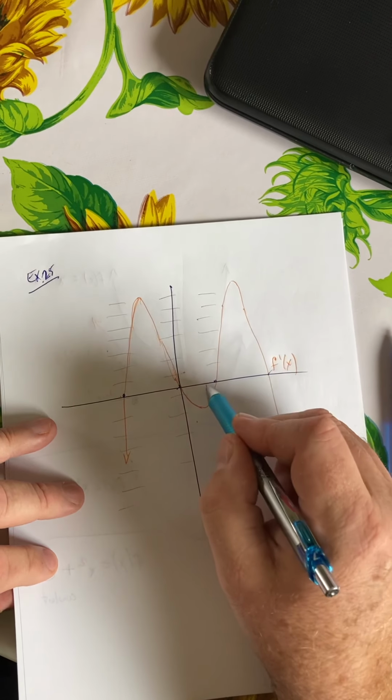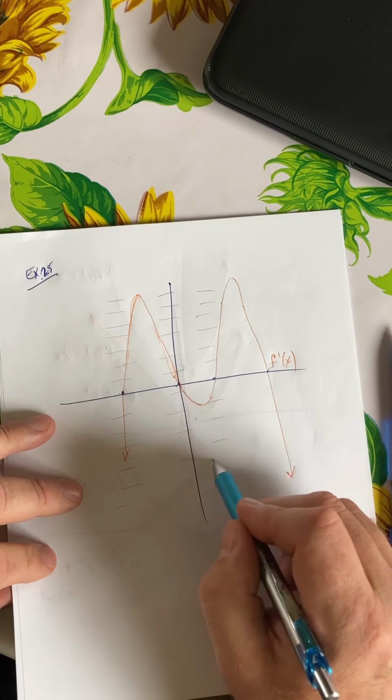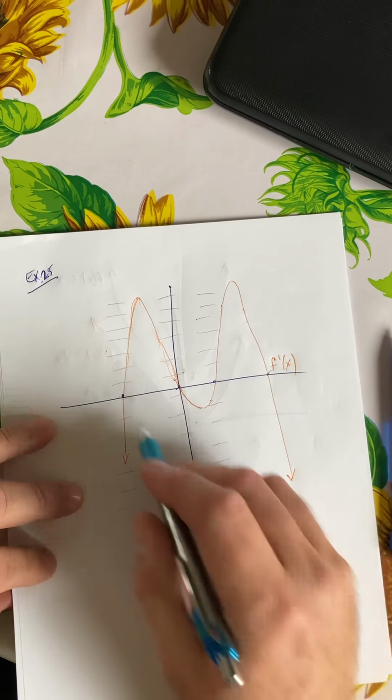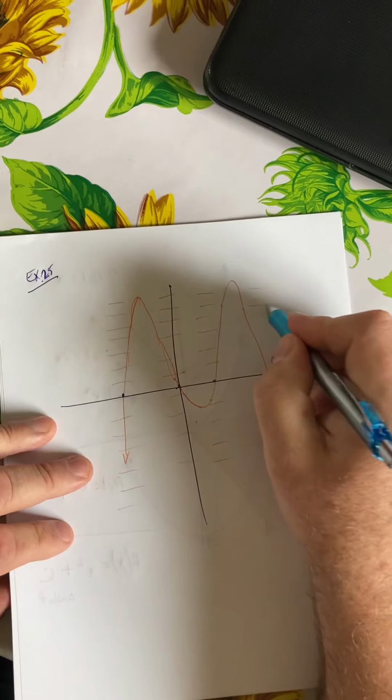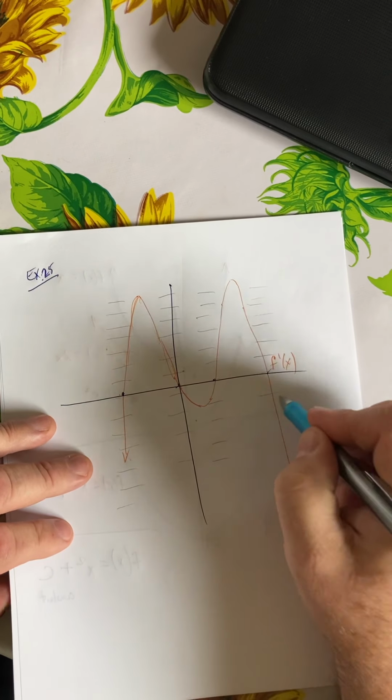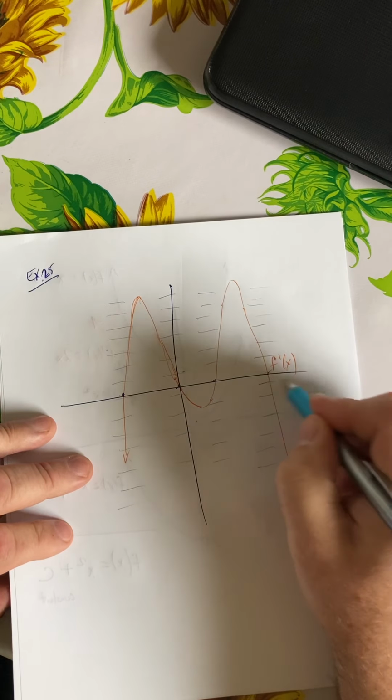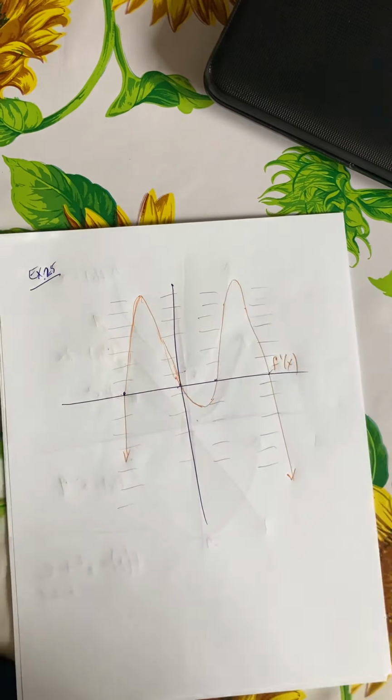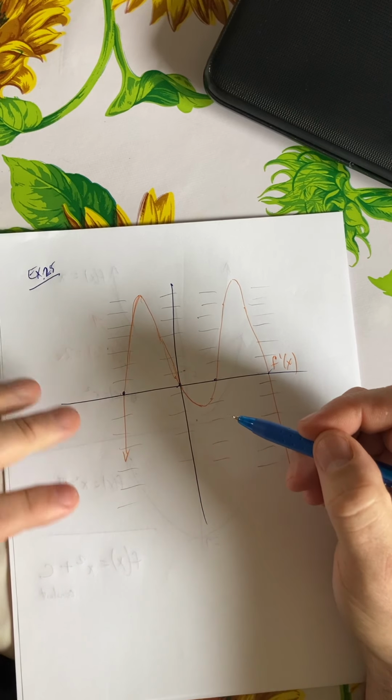Basically, it's telling me whatever graph I draw has to plateau along here. We don't know where, but it has to plateau along here, okay? So, I can just pick one. It doesn't matter. You don't have to do it here. You could do it up here. It doesn't really matter.